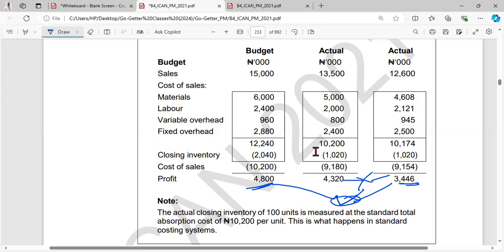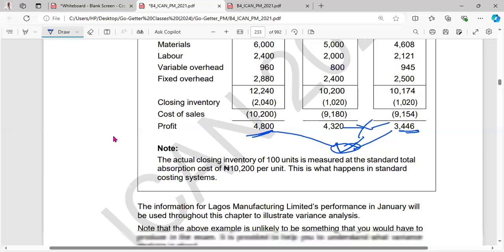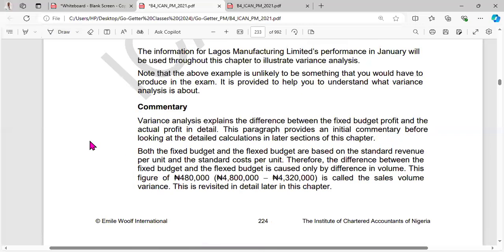Okay, they say this paragraph provides an initial comment before looking at the detailed calculation, which will be discussed in our lecture 2 on this topic. So both the fixed budget and the flexed budget are based on what? Standard revenue per unit, standard cost per unit.